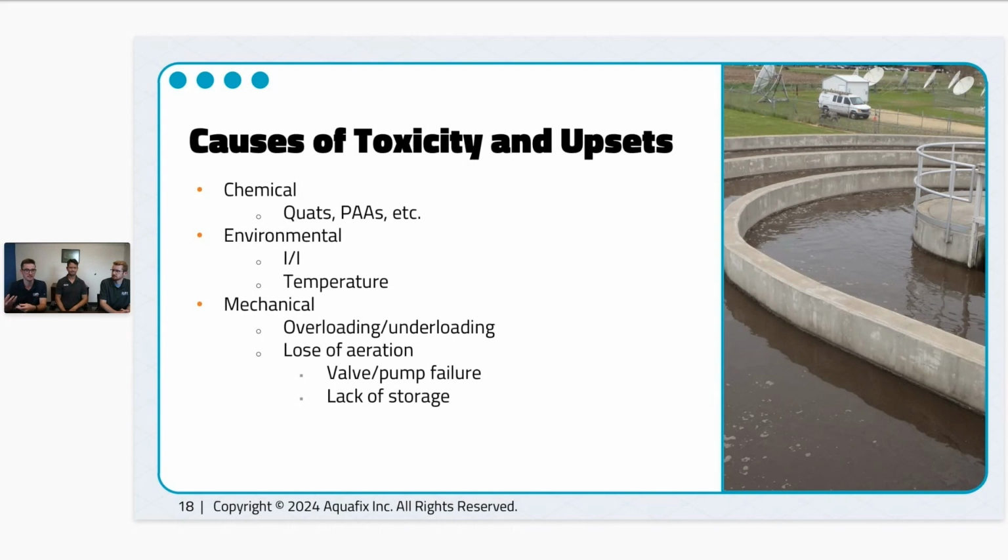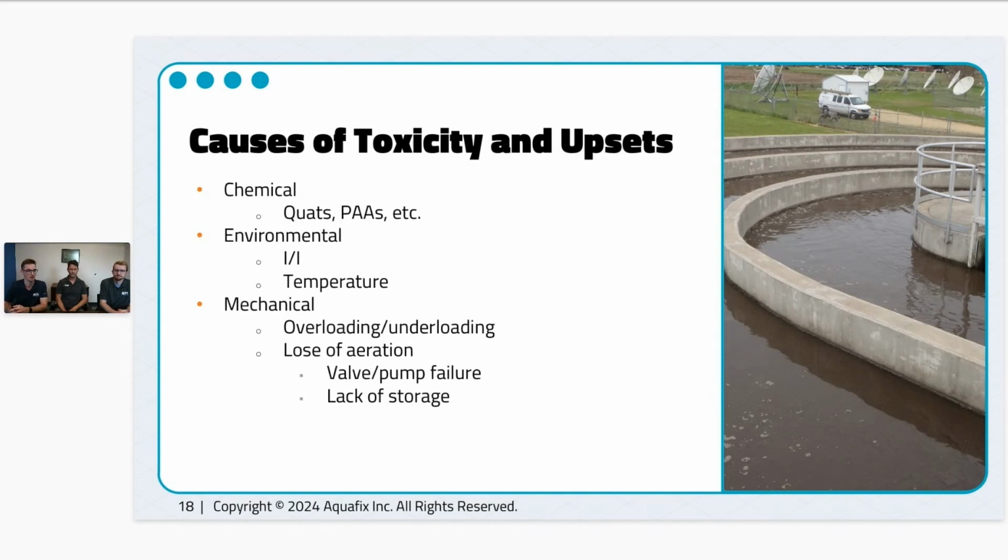Any of these inconsistencies is what harms biology. Biology loves consistency, so anything going out of whack is certainly going to cause some form of upset. And then certainly there's other mechanical issues, just like valve and pump failure.